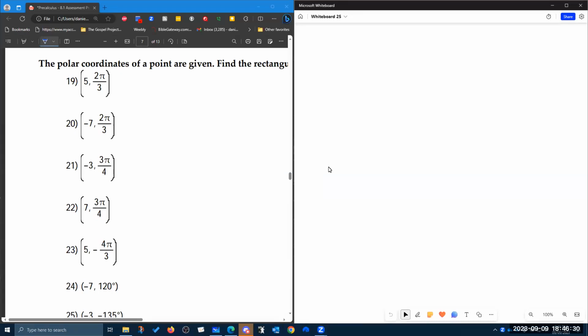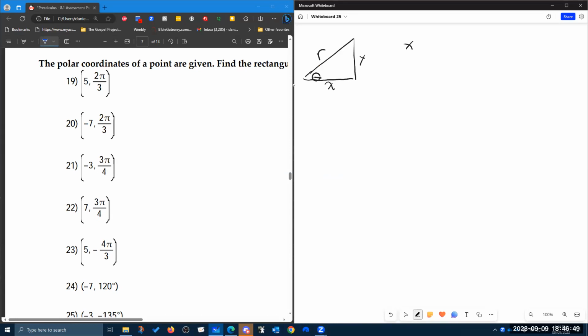In this video, we're going to use some conversion factors to convert from polar to rectangular. Let's look at our triangle that's in standard position. It's y, r, and theta.